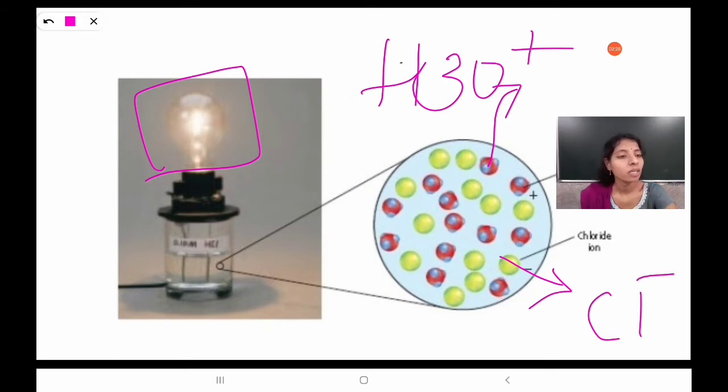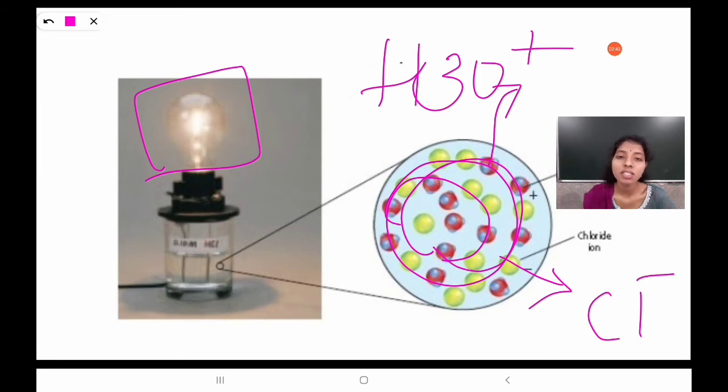Okay, so the movement of these hydronium ions indicates the glowing of bulb. In solution, the movement of these ions takes place. So then the movement of these ions is responsible for the glowing of bulb.